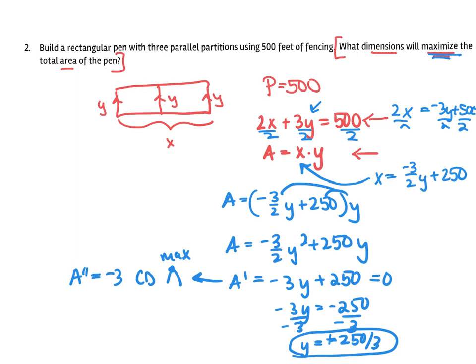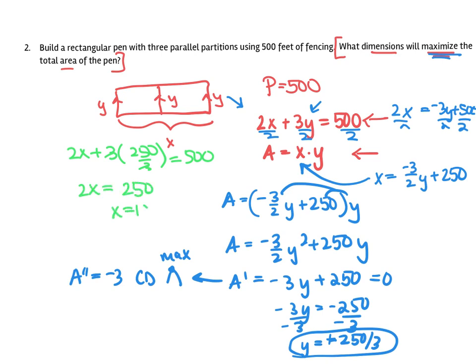And then I need to find my x value, so I'm going to go back to one of my equations. I'm going to use the top one, and I'm going to change colors here. Plug in 250 over 3 for the y. That simplifies away. That's great. So I have 2x is equal to 250.